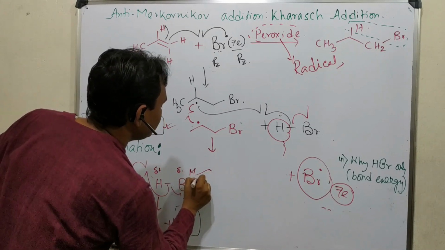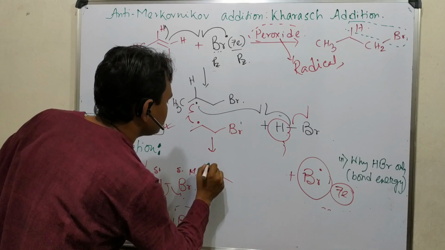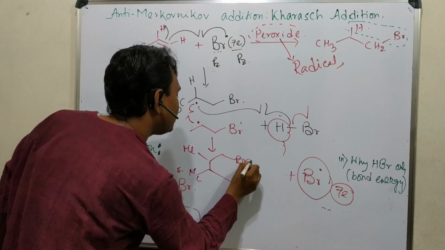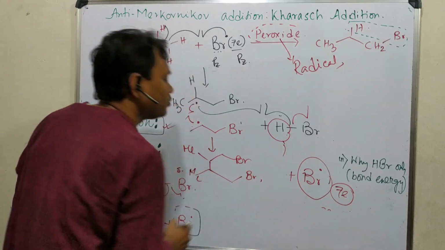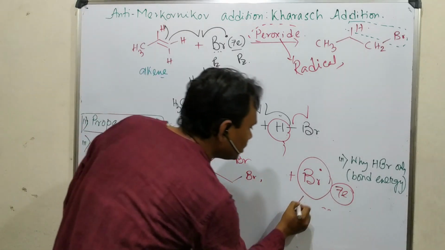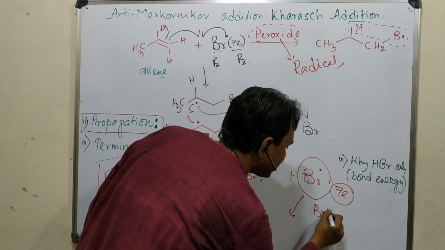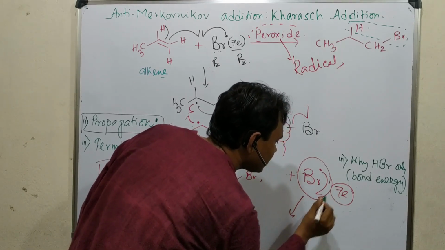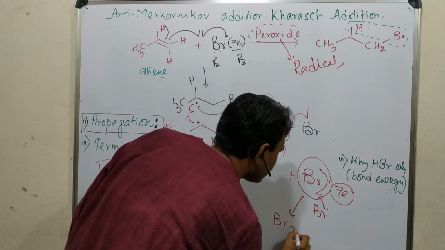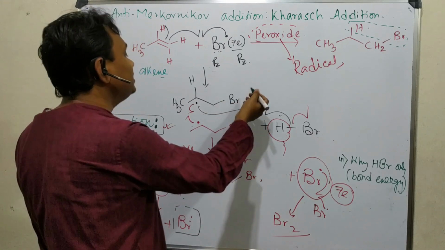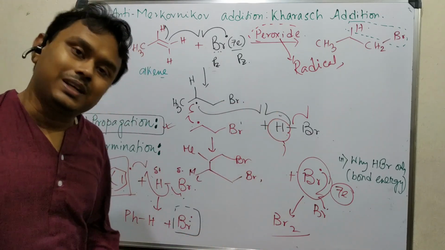This is the methyl, and here also one methyl, Br, and this is Br. One chance: 2 molecules of Br can react with each other in this way and produce Br2. So, in this way, the reaction could be terminated.